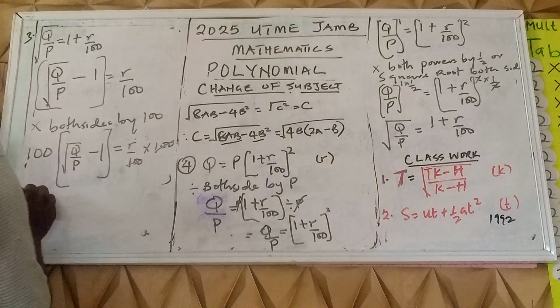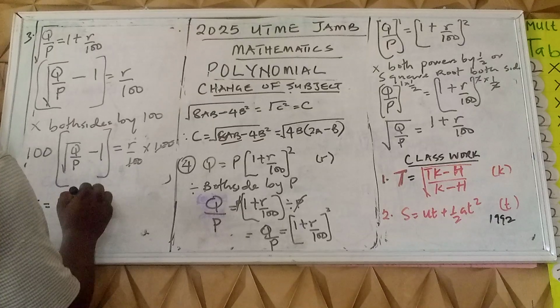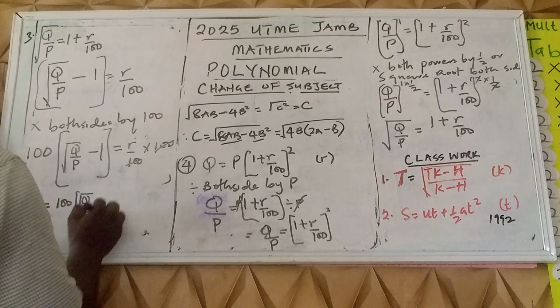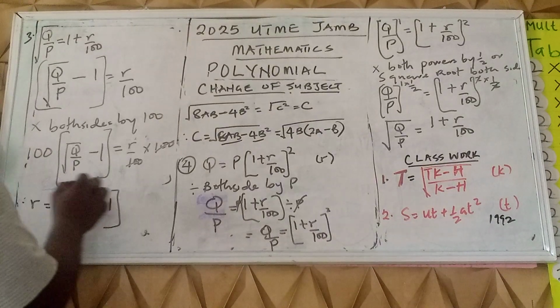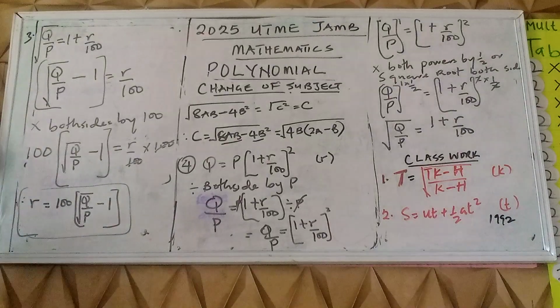Then my R is equal to 100 open bracket square root of Q over P minus 1, I close my bracket. That becomes my R, now my subject of formula.